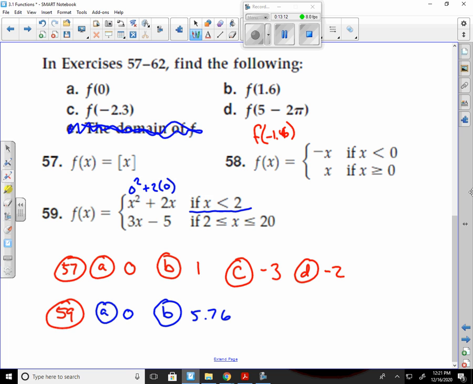Let's do 58 just because that gives us a different type. So if x is less than 0, it's negative x, and it's x if x is greater than or equal to 0. So if I put 0 in for 58, which one does it go into, the top or the bottom?